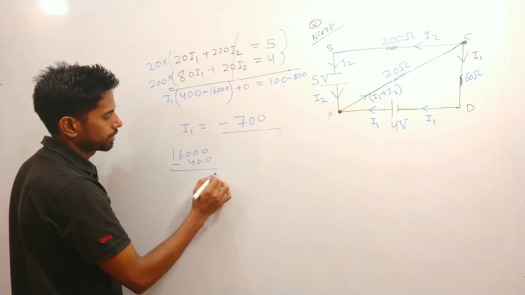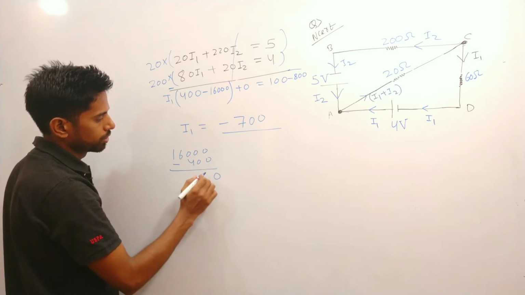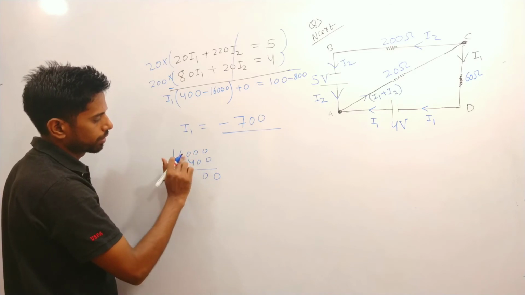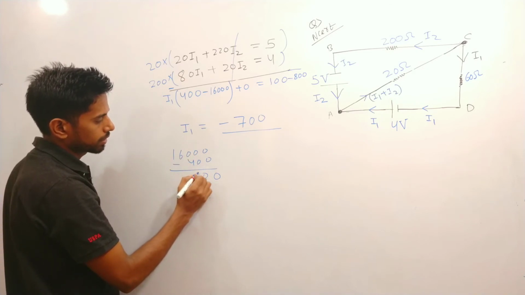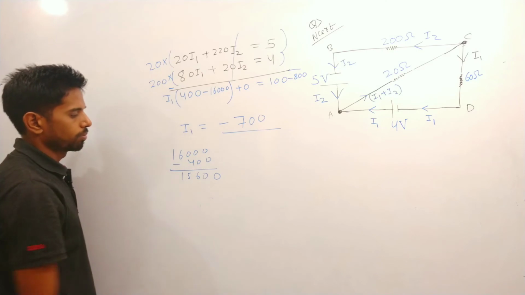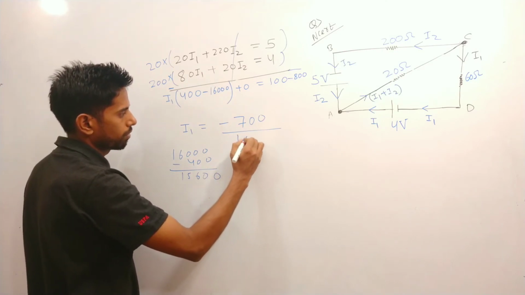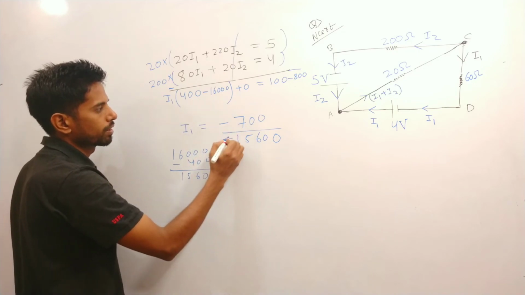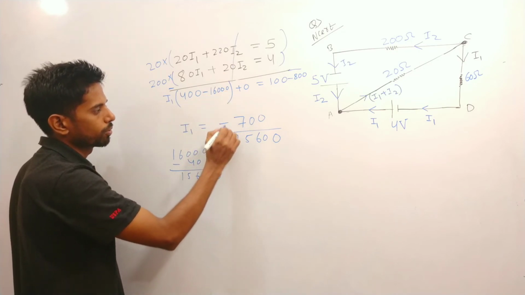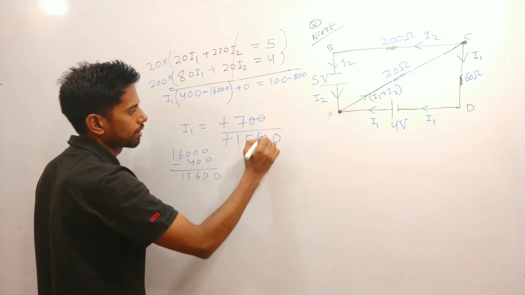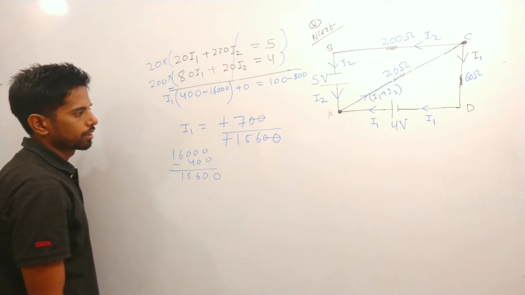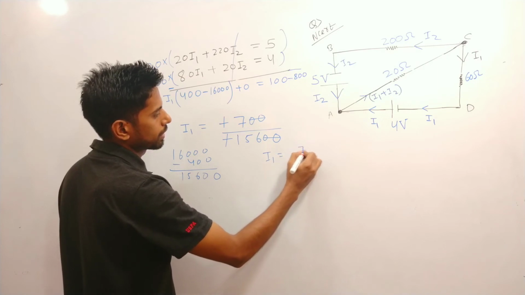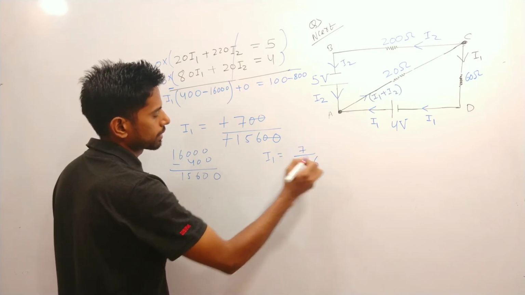If you subtract it, 15600. Here a minus sign will be there because it is the bigger value. This will cancel. So the value of I1 is 7 upon 156.